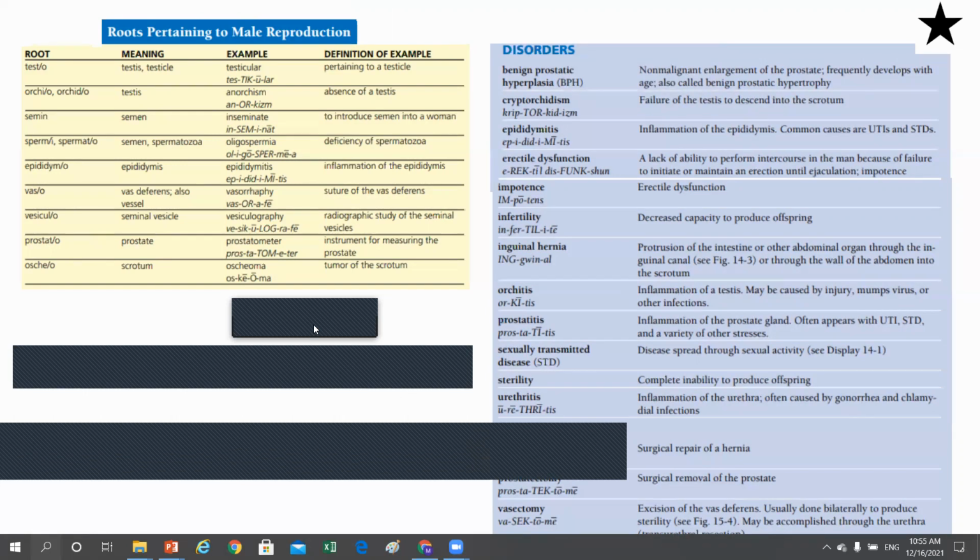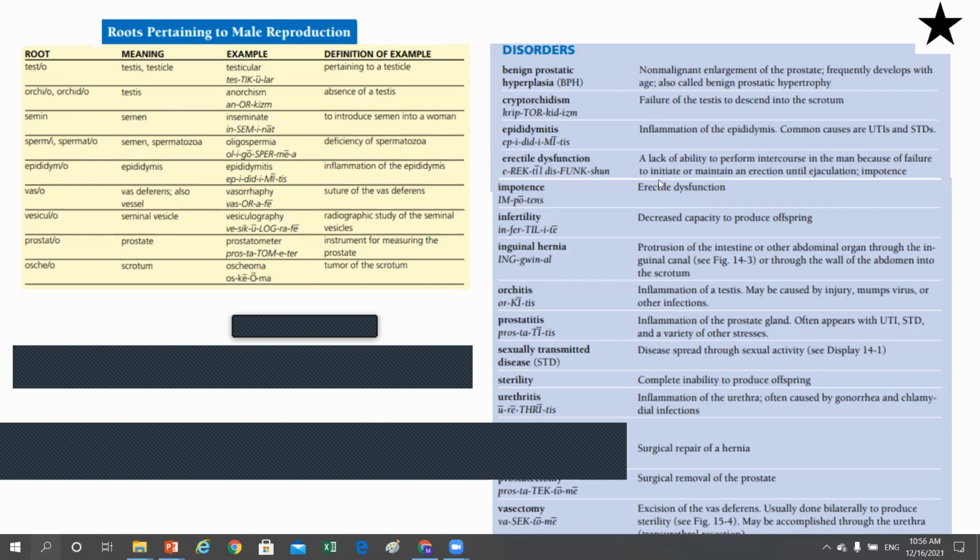So this BPH, benign prostatic hyperplasia, or some people write it prostatic benign hypertrophy, is non-malignant, not malignant. If this enlargement changes to a cancerous state, then we will call it malignant.